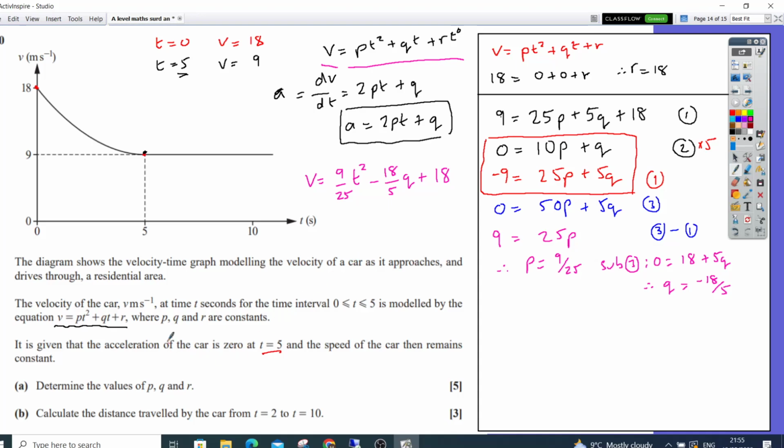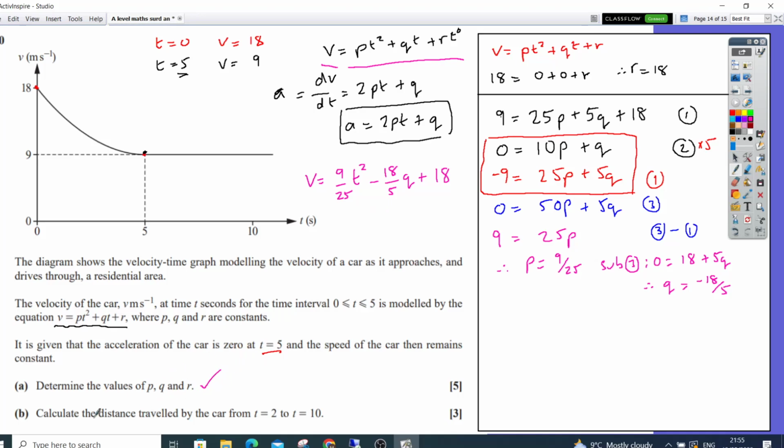Okay, so those are the values. Let's move on. Okay, just double checking that was over 25. Yeah, alright, done. So that one's done.